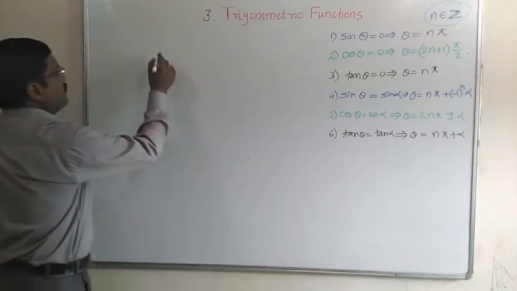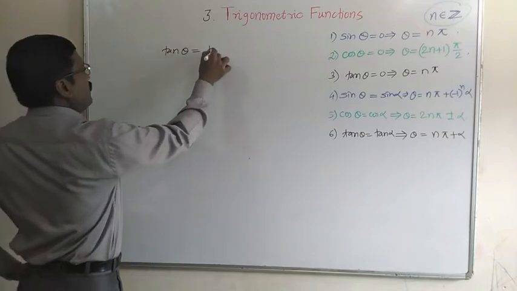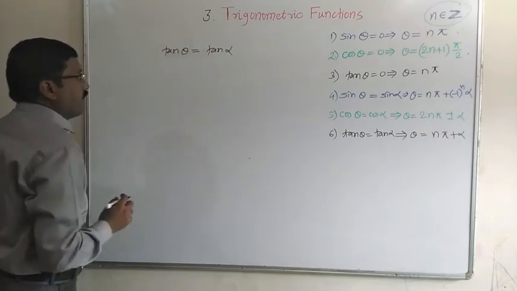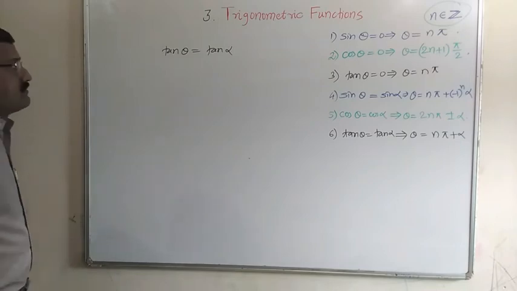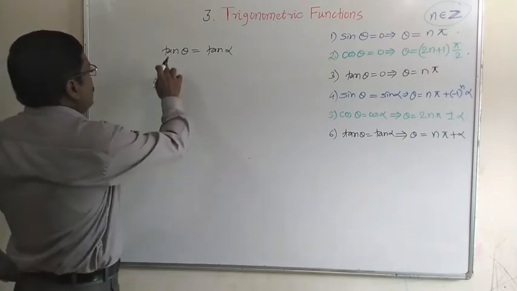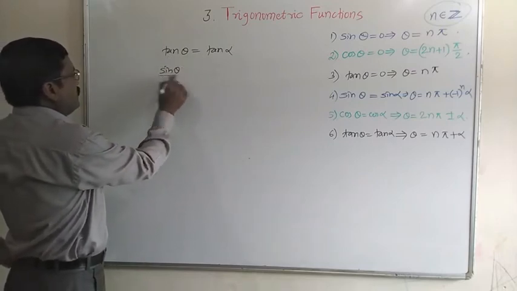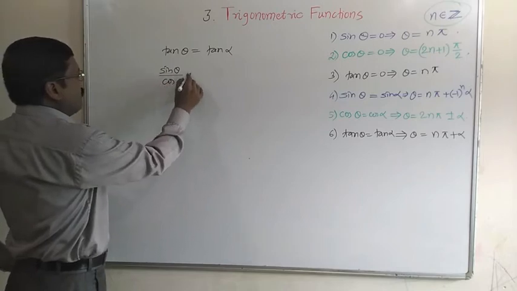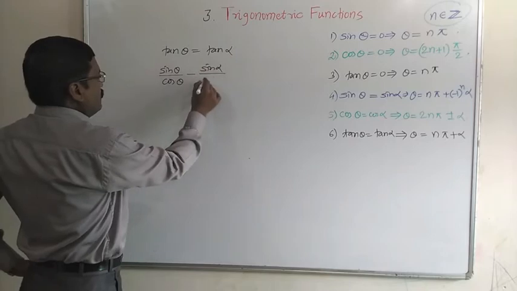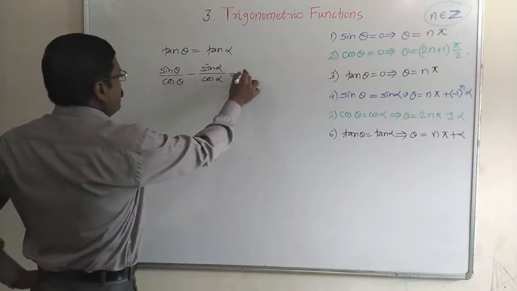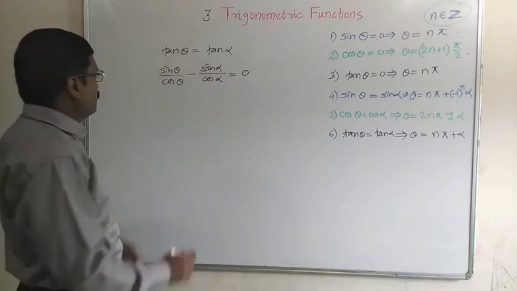Here tan theta equal to tan alpha, so we get sin theta upon cos theta minus sin alpha upon cos alpha equal to 0. Taking this tan alpha to the left and converting tan into sin upon cos.